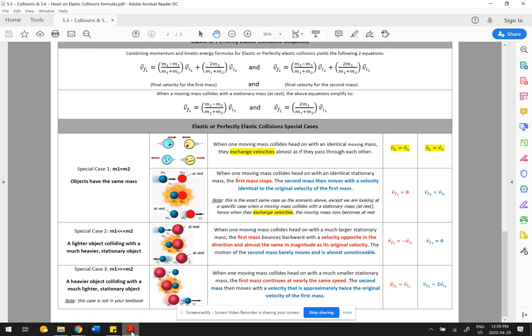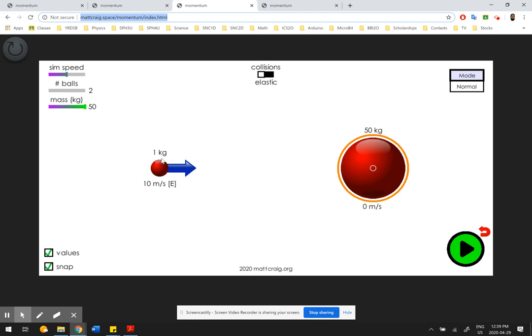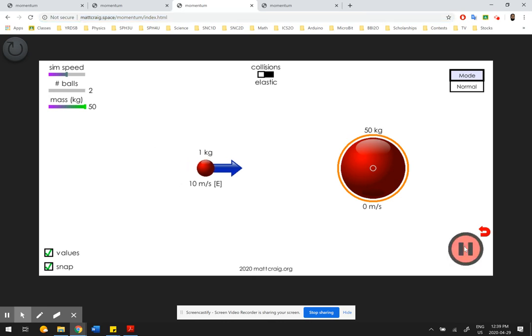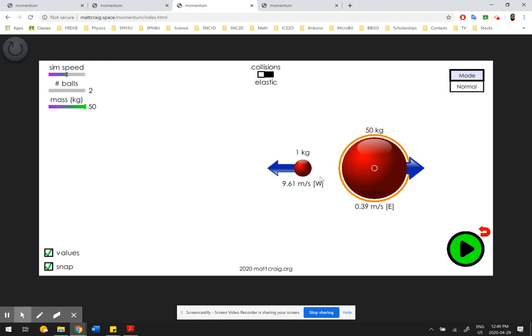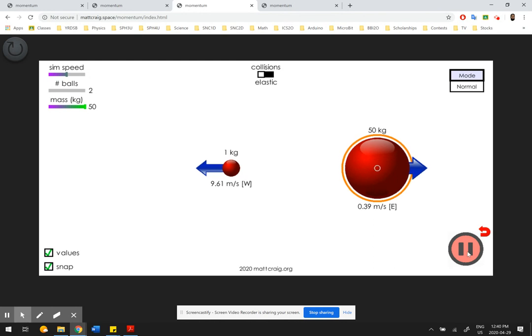Special case 2 is when mass 1 is a lot smaller than mass 2. Mass 2 is a lot bigger. So we can see what that simulation will look like, where we have mass 1, which is 1 kilogram, and mass 2 is about 50 kilograms. And we're going to run this simulation. And you can see that object 1 basically returns back. So it's like action reaction, it just reflects back.